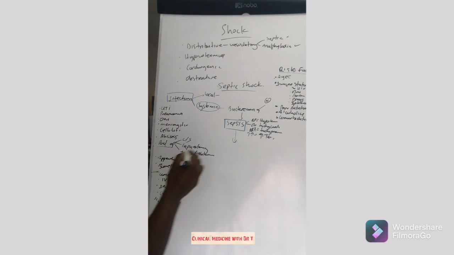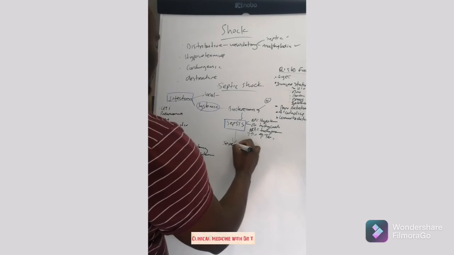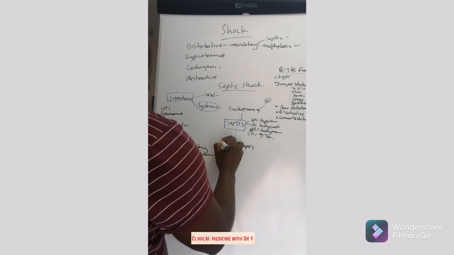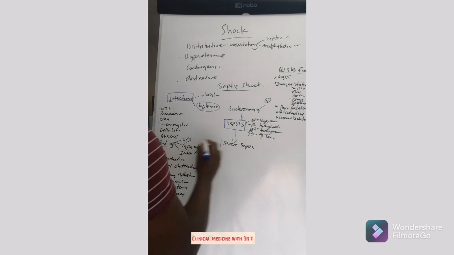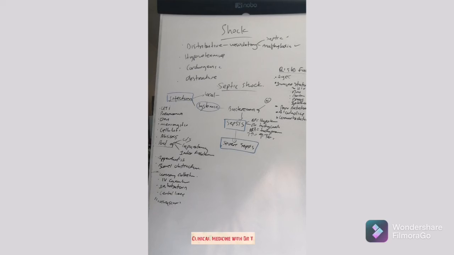Because the more you go down this, it becomes difficult to manage. So when you've got severe sepsis now, sometimes when you've got a patient, this really needs you as a doctor to be on the ball in terms of managing and thinking about the possibilities.